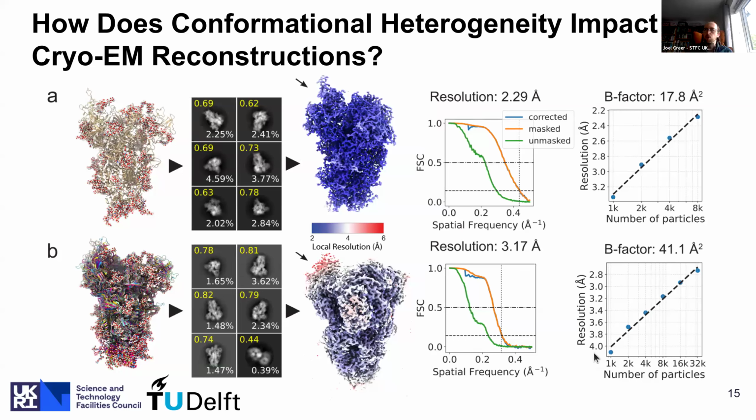Performing a reslog analysis on this data set to find the B factor, we find that the B factor is 41.1 angstroms squared. And that is increased, we presume, essentially due to just the increased conformational heterogeneity present in this data set.